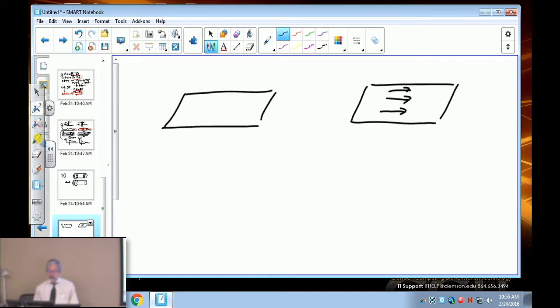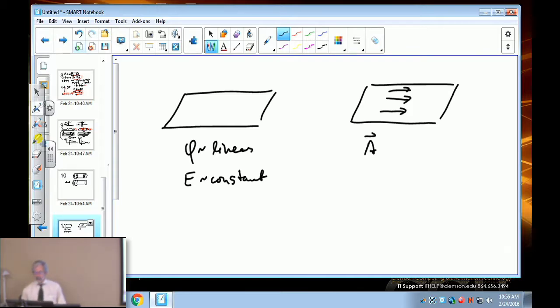And we said that phi and E, remember how they go? E is a constant and phi is linear. And so that ought to suggest that A is also linear and pointing in the direction of the current, and that B is a constant.